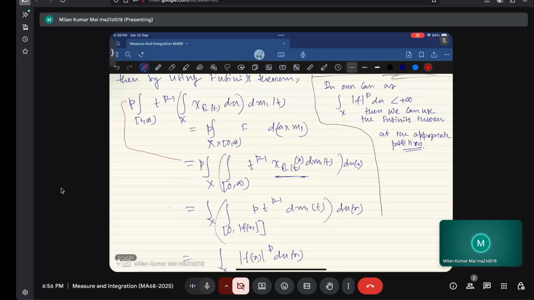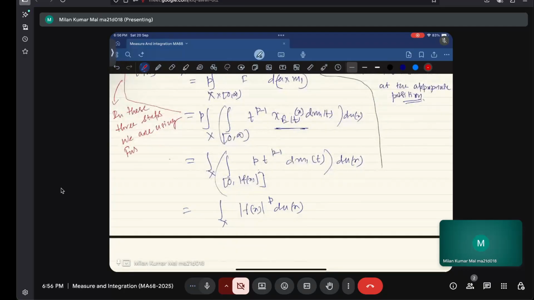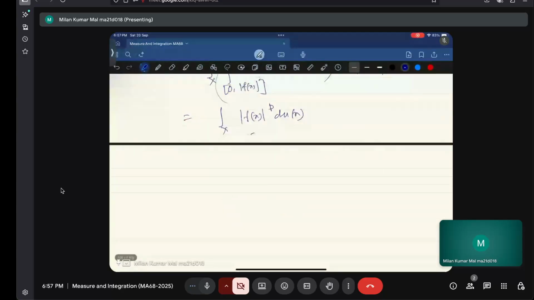In these three steps we are using Fubini's theorem. So now using Fubini's theorem, if we do the reverse way, then you will get the answer. So this completes the proof now.